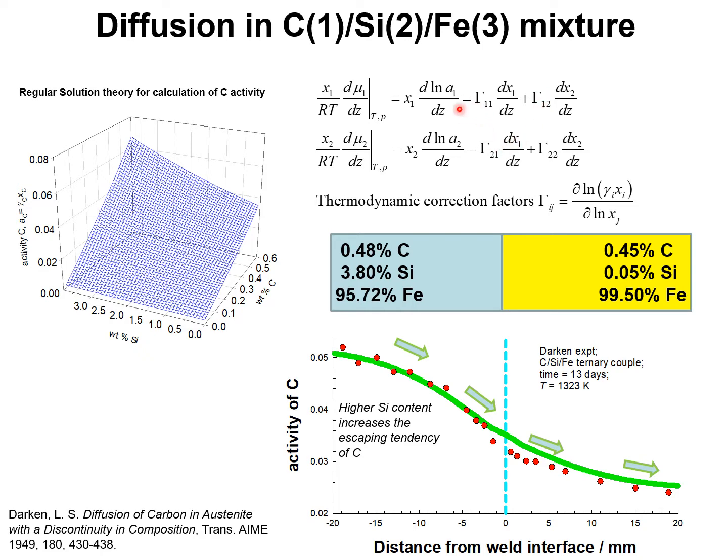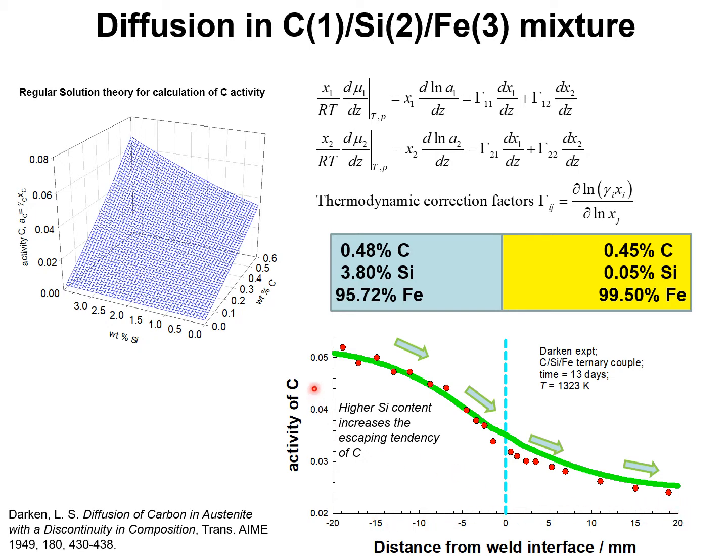Put another way, the activity gradient of carbon is related not only to the weight percent gradient of carbon, but also to the weight percent gradient of silicon. Using information on the thermodynamic correction factors determined from the regular solution theory, the experimental data measured by Darkin can be replotted as shown in this graph, in which the activity is plotted as a distance from the weld interface.